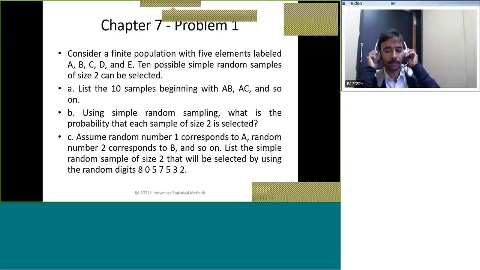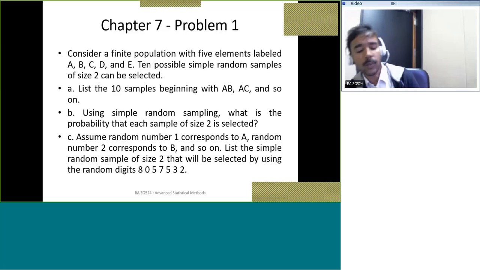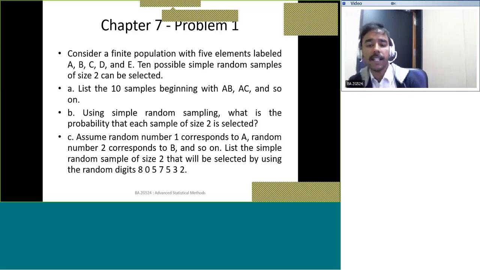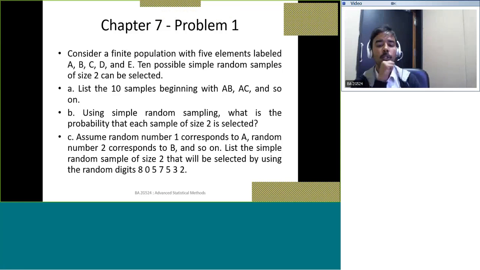Question C says to assume random number 1 corresponds to A, random number 2 corresponds to B, and so on.